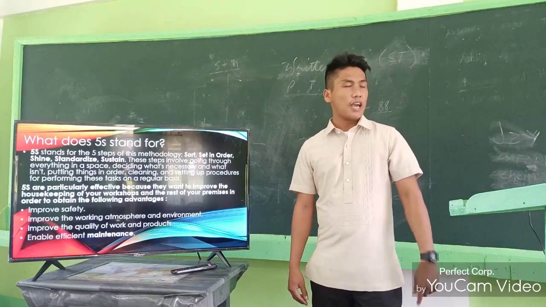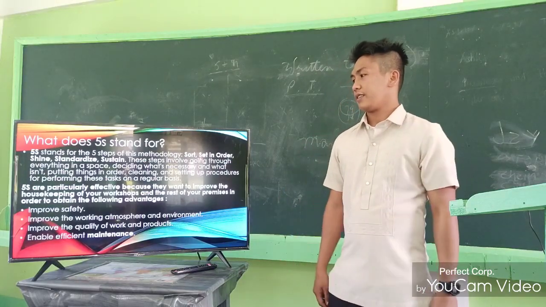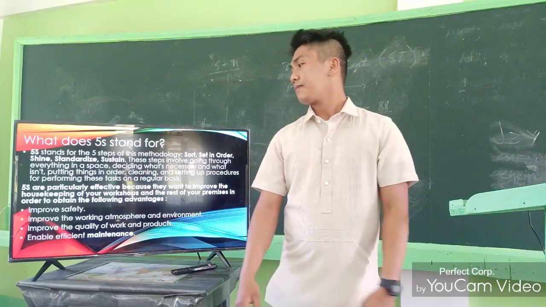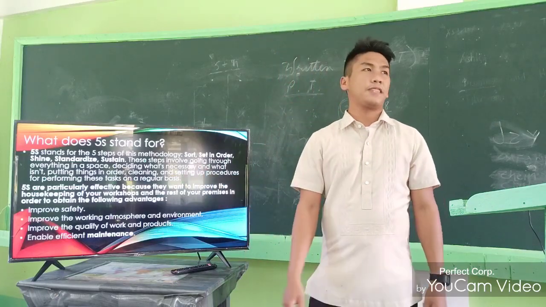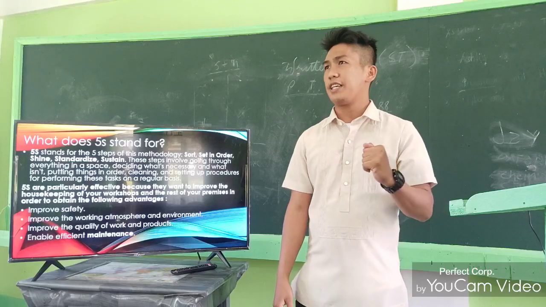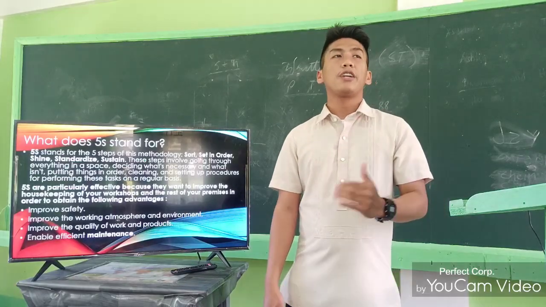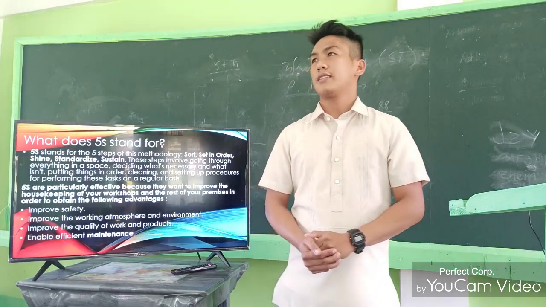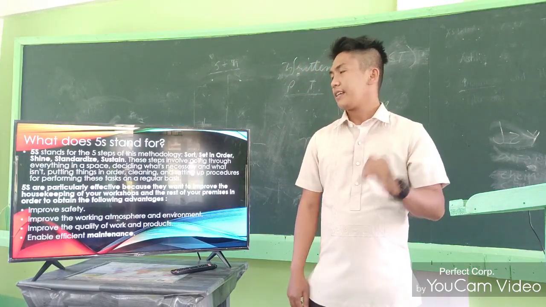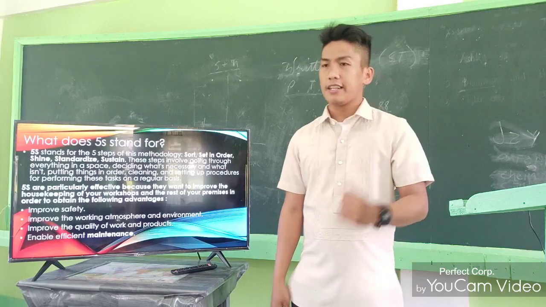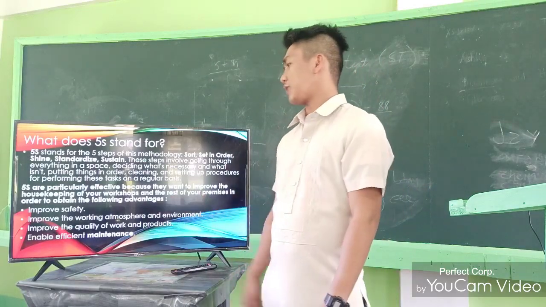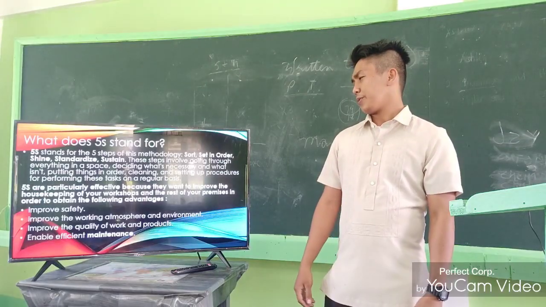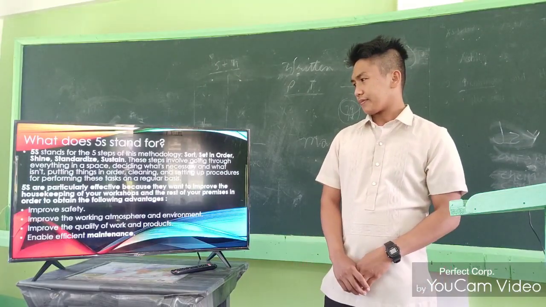So the first, improve safety. It's very easy and understandable, right? When you are safe, you can make your own quality time and quality moments, and work hand in hand smoothly. Improve the working atmosphere and environment.